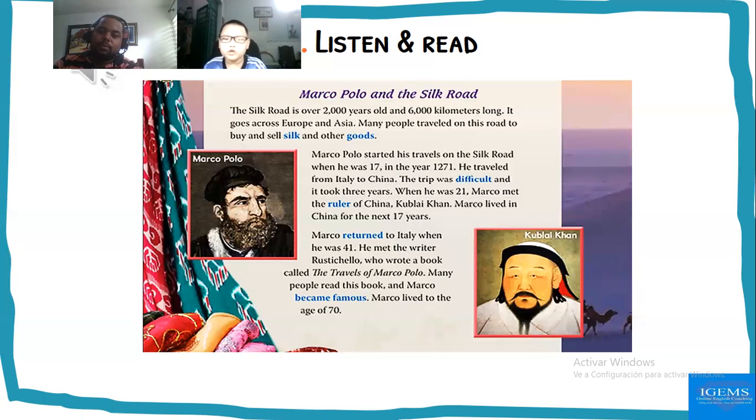Many people travel on this road to buy and sell silk and other goods. All right. Marco Polo started his travels on the Silk Road.